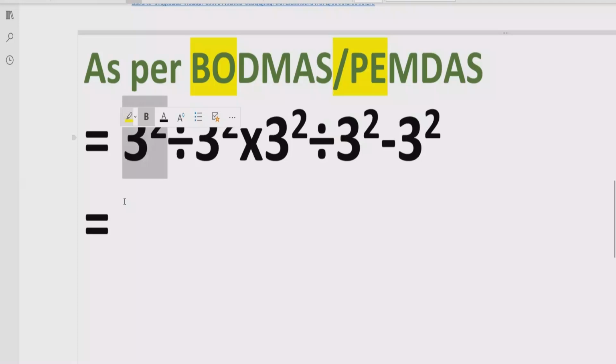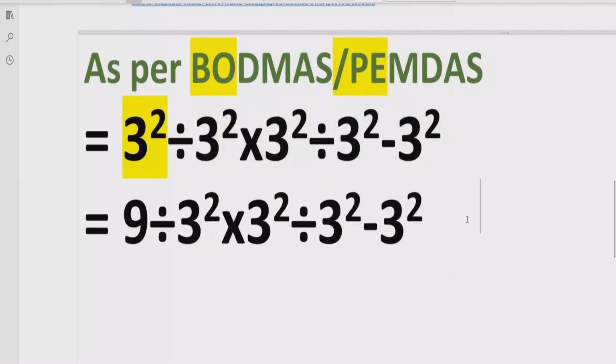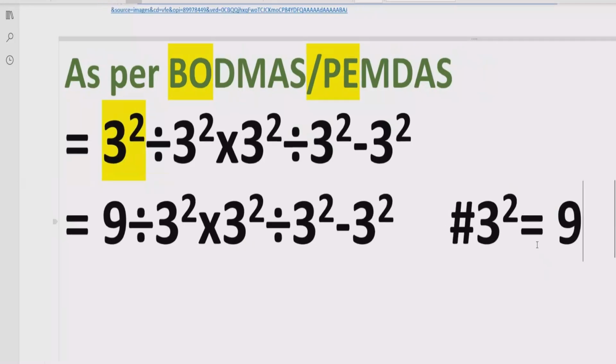First we solve this one, which is 3 raised to power 2, which is 3 multiplied by 3. It becomes 9 divided by another part; right now we will write the rest as it is. And here we give the reference: 3 raised to power 2 equals 9. Now we move forward.